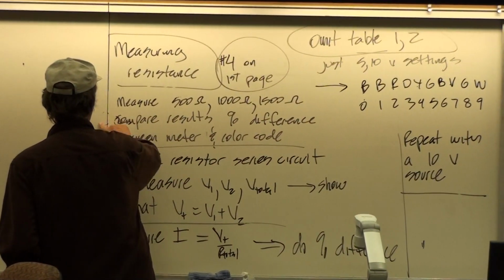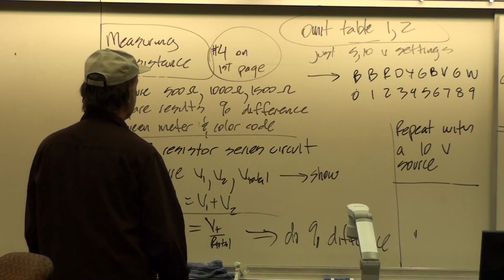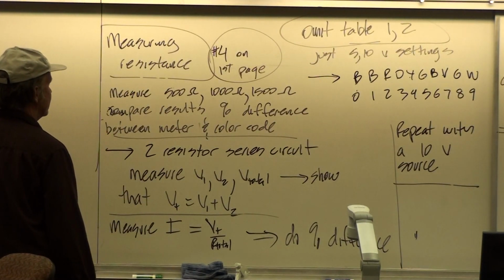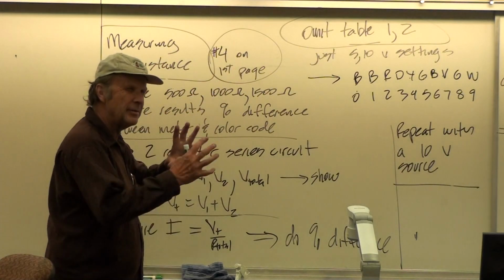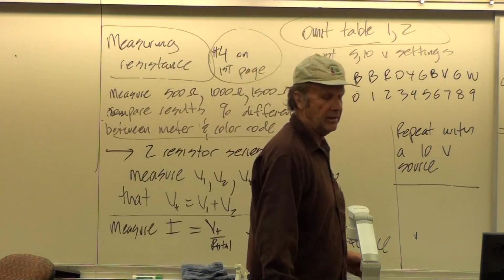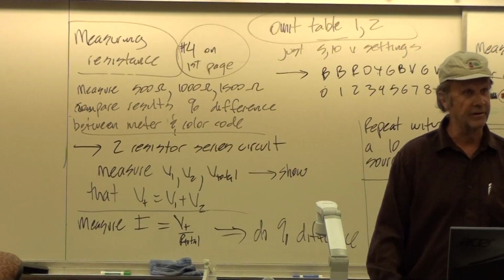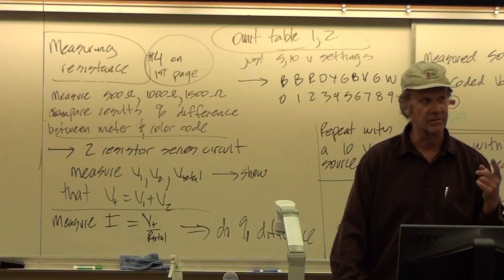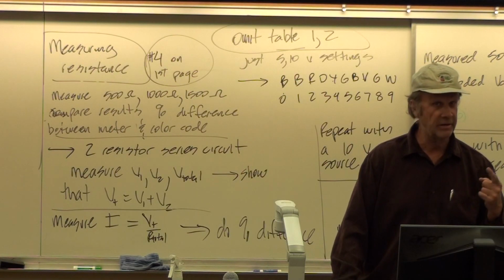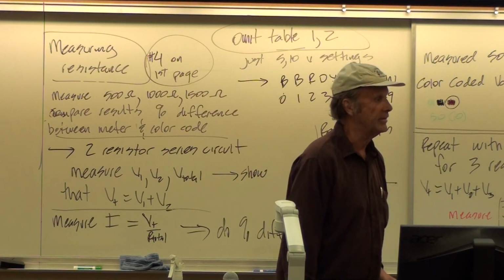So what you can do then in part 1 here is measure the resistance and compare the results to the color-coded values. That's on the front page, so that's only number 4. And don't worry about that table. You just need 1% difference for each resistor. So you just have 3 calculations between the color-coded value and the value that you get off of the digital meter.